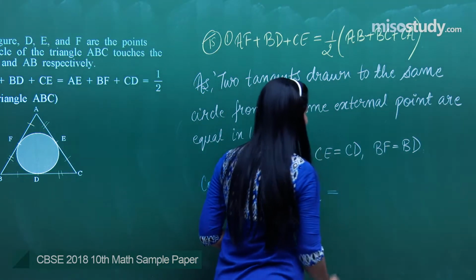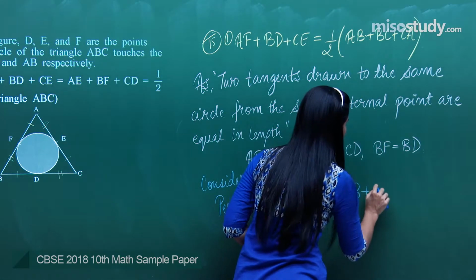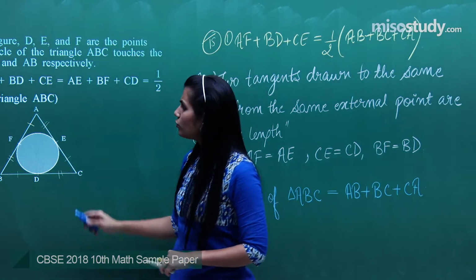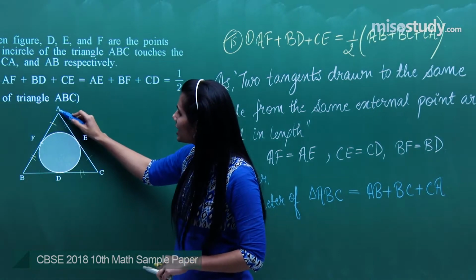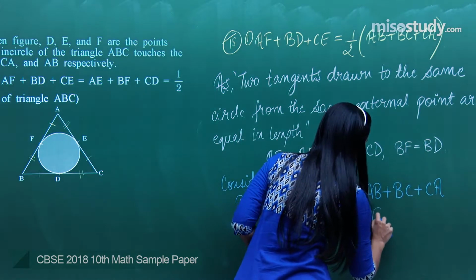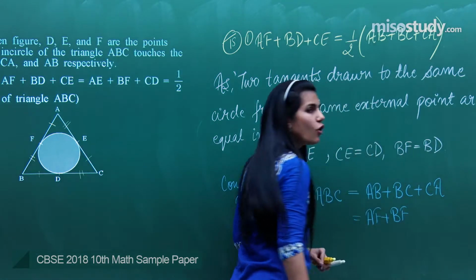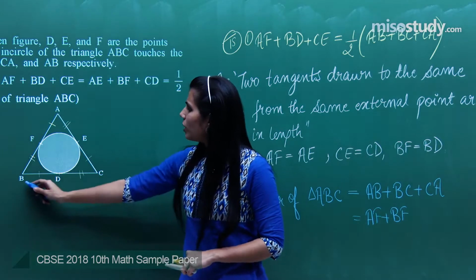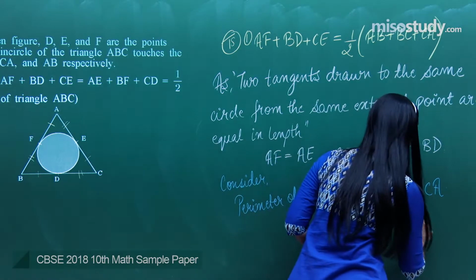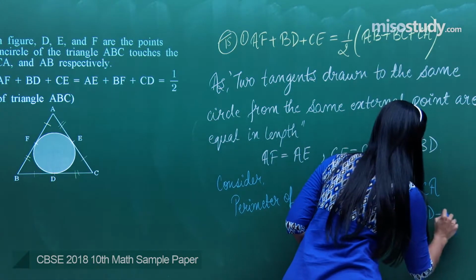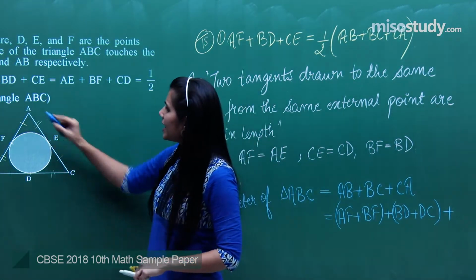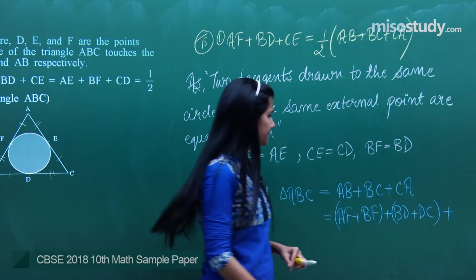The perimeter of triangle ABC is AB plus BC plus CA. AB can be written as AF plus FB, or BF. Then BC can be written as BD plus DC. Then CA can be written as CE plus AE.